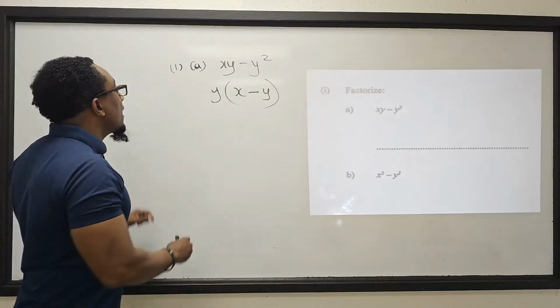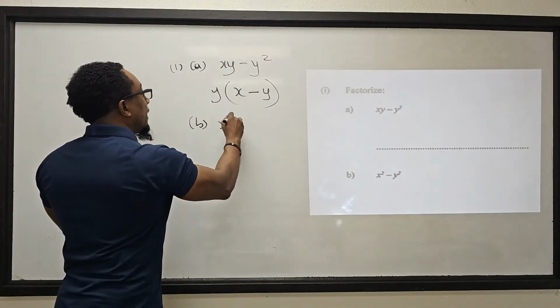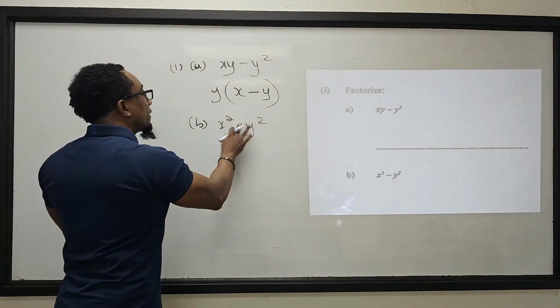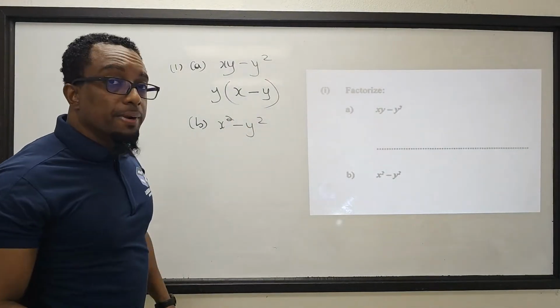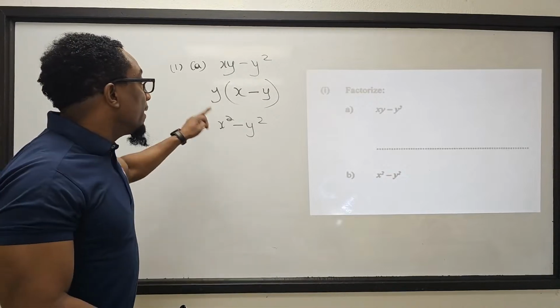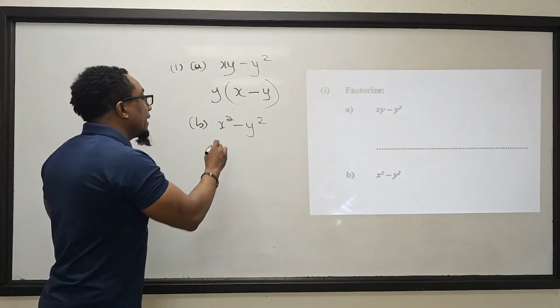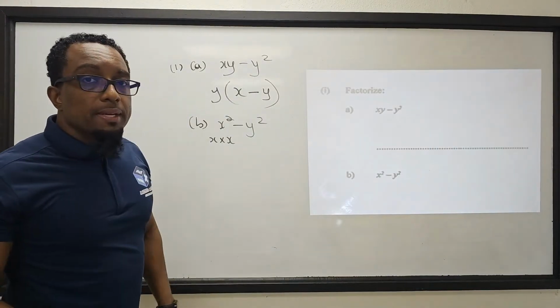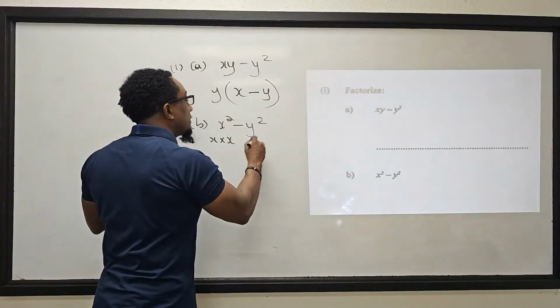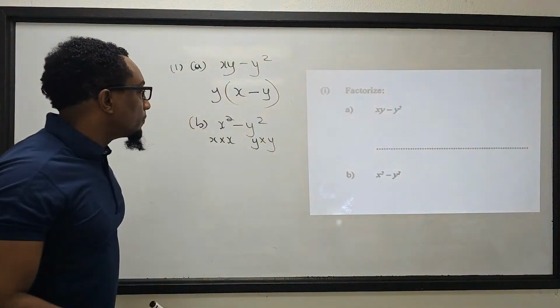Let me factorize the expression in B. x squared minus y squared. The method of factorization I'm going to apply is the difference of two perfect squares. x squared is a perfect square, I can represent it as a product of factors. y squared is a perfect square, I can represent it as a product of factors.